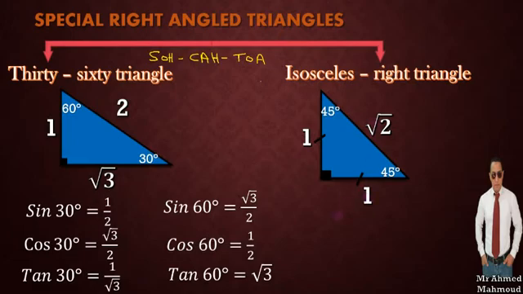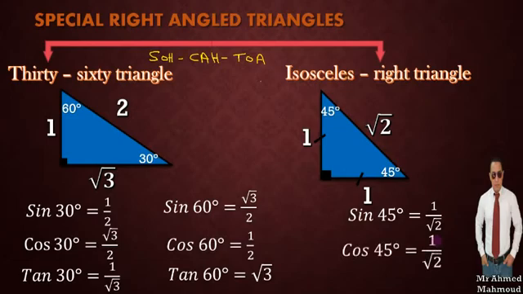The hypotenuse equals root 2. Then the sine of 45 equals opposite over hypotenuse, 1 over root 2. Cosine 45 equals adjacent over hypotenuse, which equals 1 over root 2. Tan 45 equals 1 over 1, which equals 1.